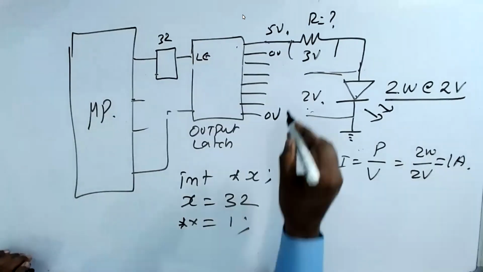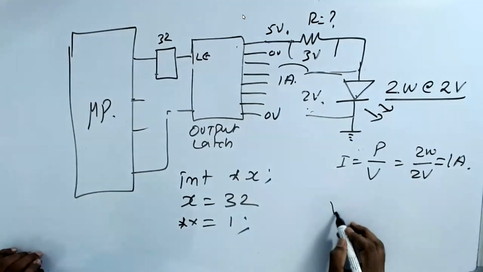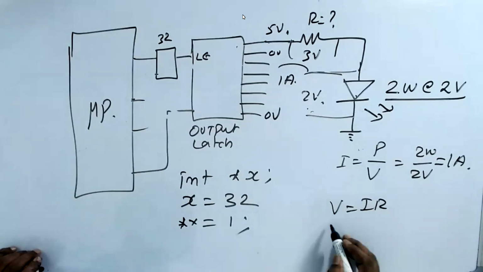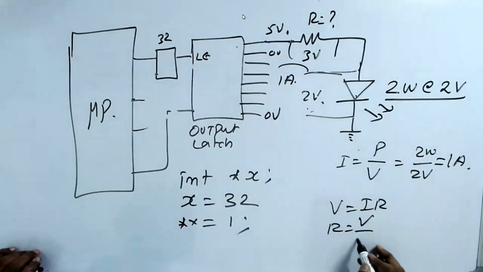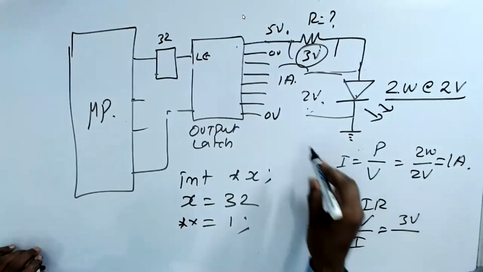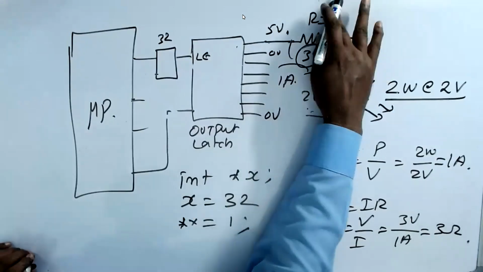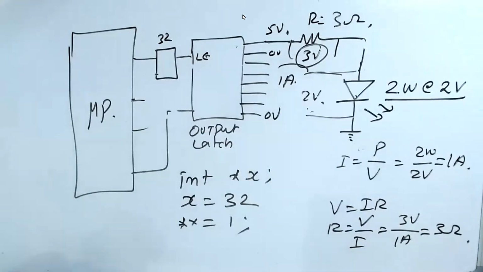So the current is going to be 1 ampere. Now V is equal to IR. R is equal to V by I. And V is 3 volts, and I is 1 ampere. So we get here 3 ohm. So this R is equal to 3 ohm.